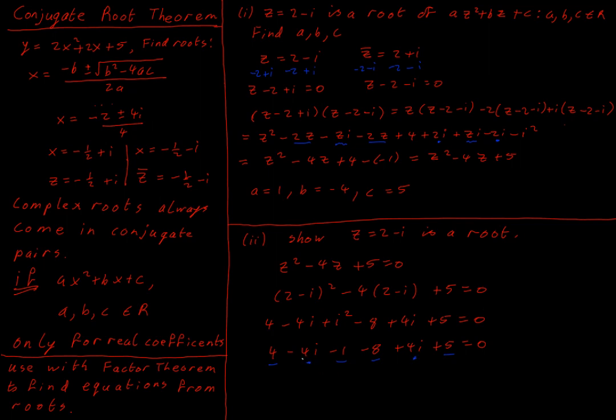So I have minus 4i plus 4i is going to sum to 0. And then I have 4 plus 5 is 9. Minus 1 minus 8 is minus 9. So I end up with 0 is equal to 0. Therefore, I have a root. And that is the beginning of what we need for the conjugate root theorem.